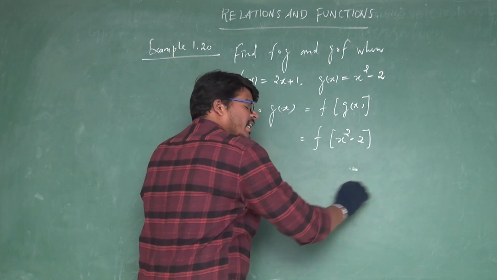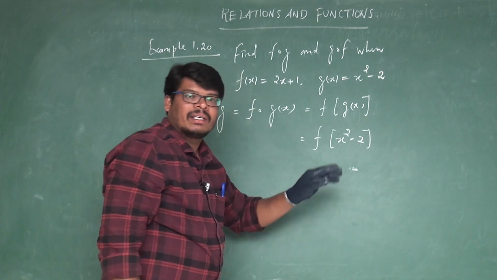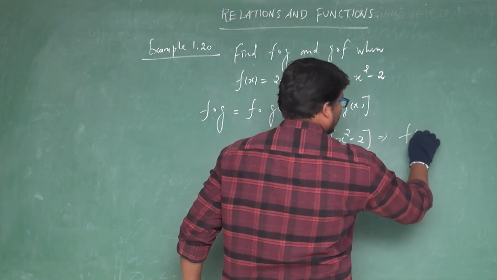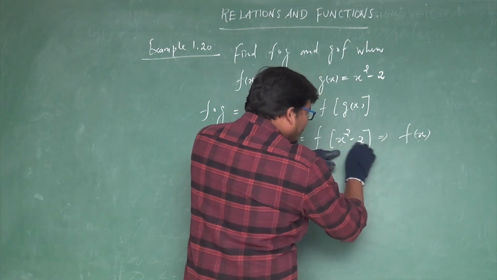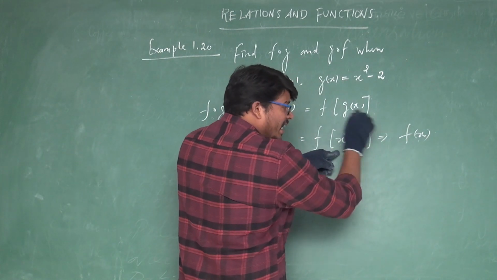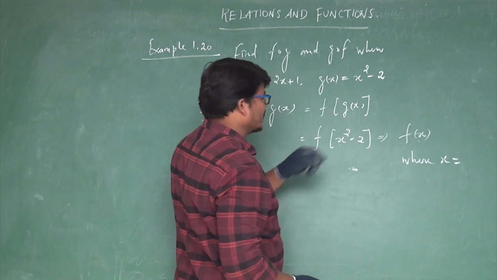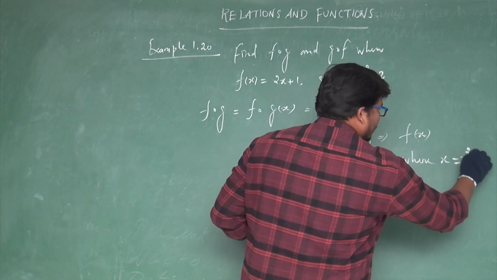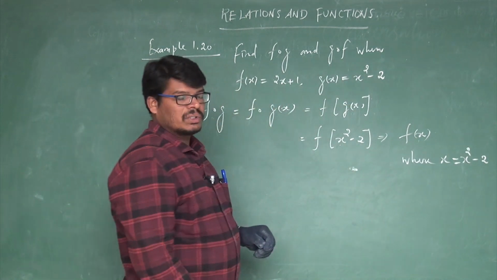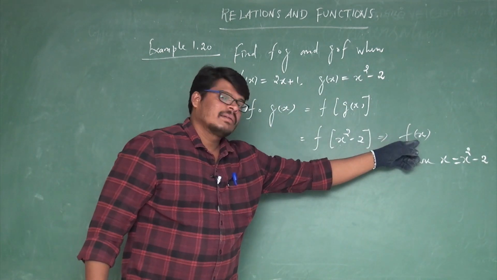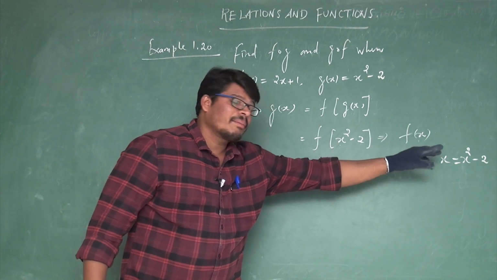The whole function is f of x, where x is replaced by x² − 2.